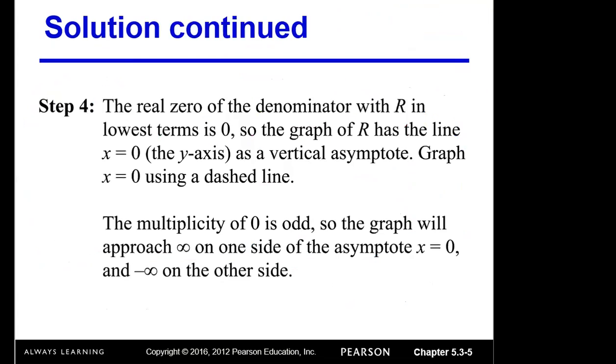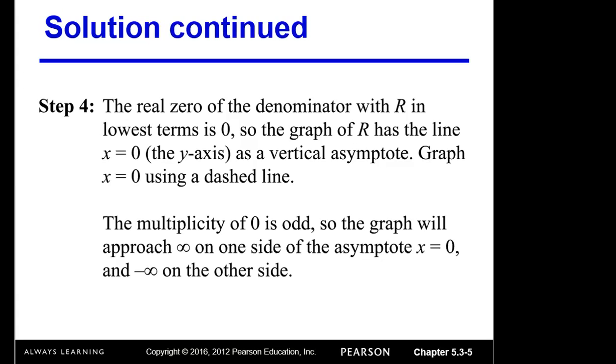And then the real zero of the denominator was 0. So the graph of R has the line x equals 0 as a vertical asymptote. Remember, whatever's left out of the domain, that's where your vertical asymptotes will be.